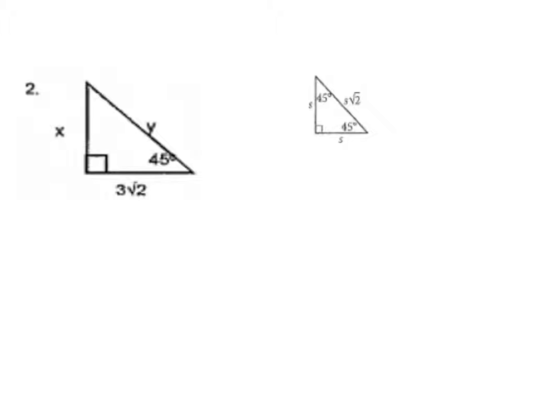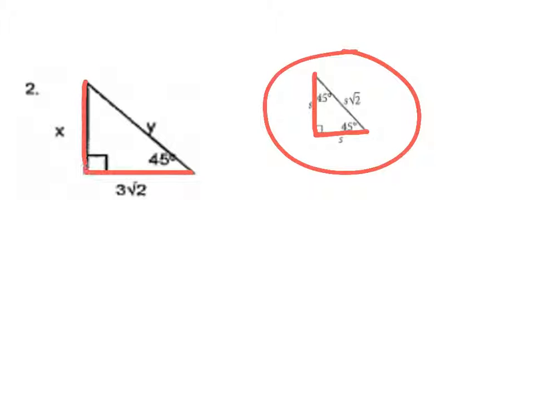Alright, example 2. Again, I have my formula over here that I can use. The formula says that these two sides are both S. So if this side is 3 square root 2, then this side over here, X, must also be 3 square root 2.